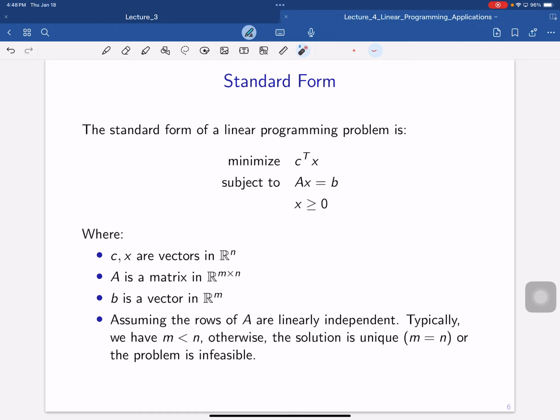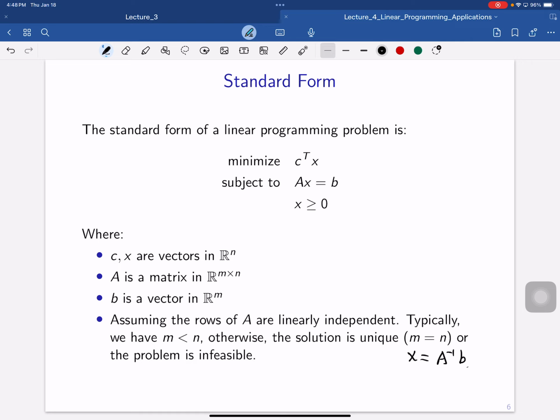So if m equals n, you just have an n by n matrix which is non-singular, and the only solution to this problem is A inverse times b. You have a unique solution, a square system. You don't need to solve an optimization problem, there's nothing to optimize. That's why you can safely assume for all the applications we deal with that m is strictly less than n.